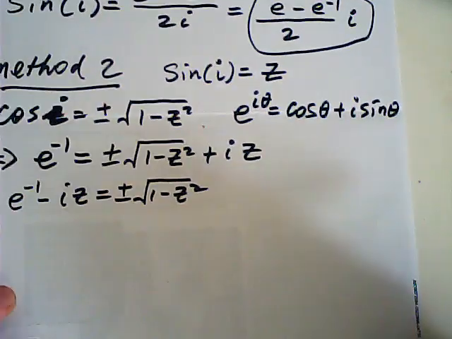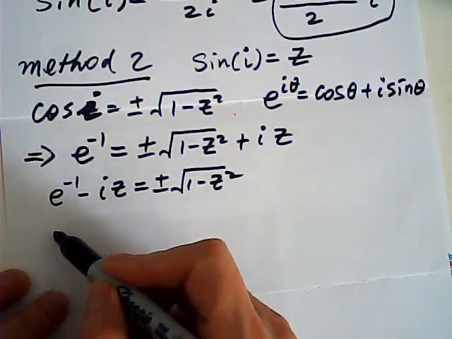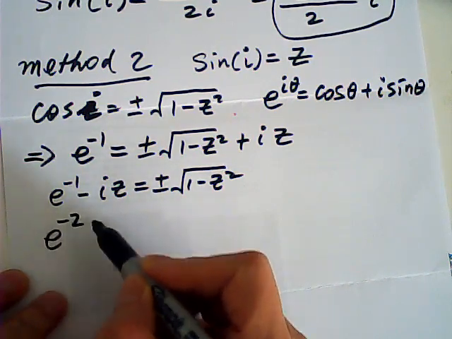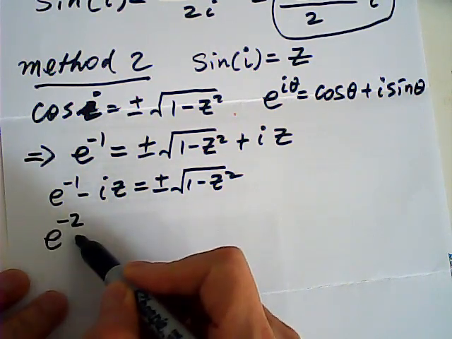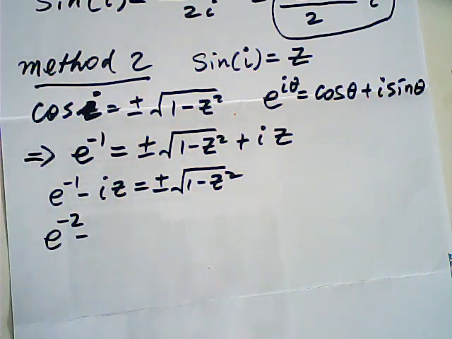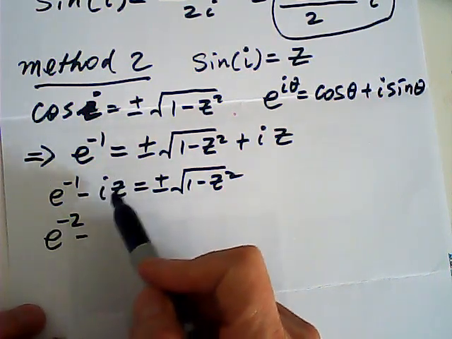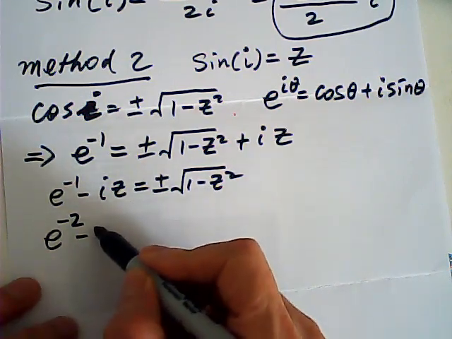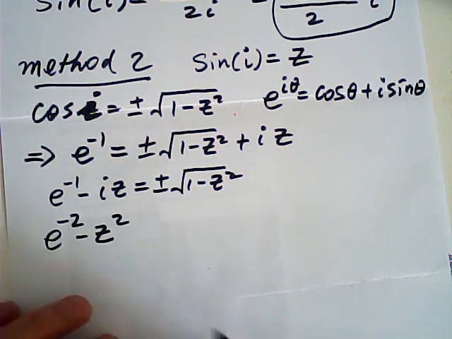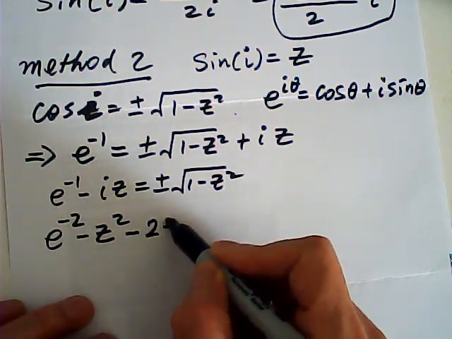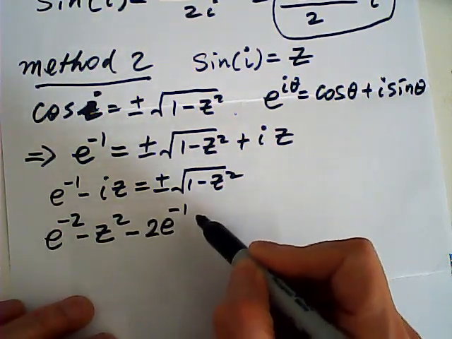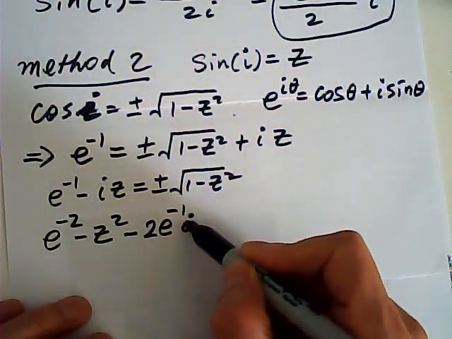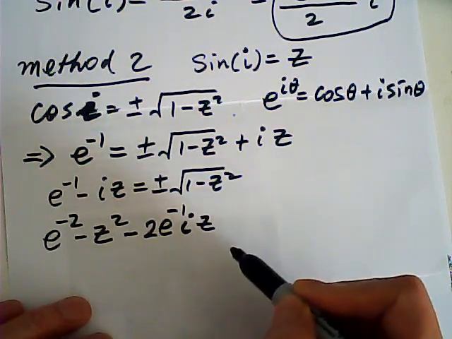So both sides squared, right? This side squared is e to the negative 2, plus this squared, which is i squared z squared, so it becomes minus z squared, minus 2e to the negative 1 times i z, right?